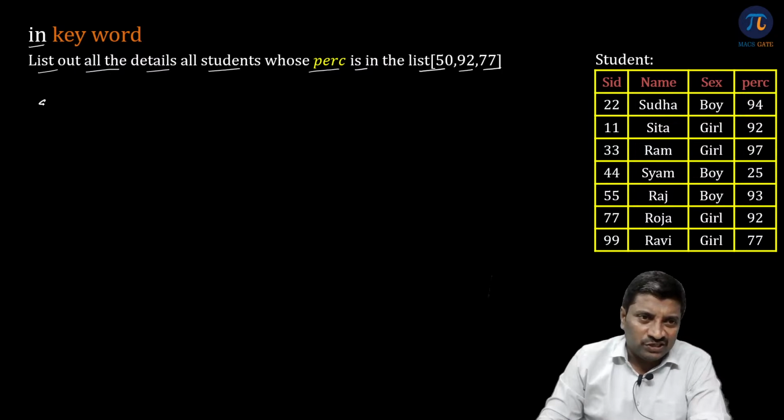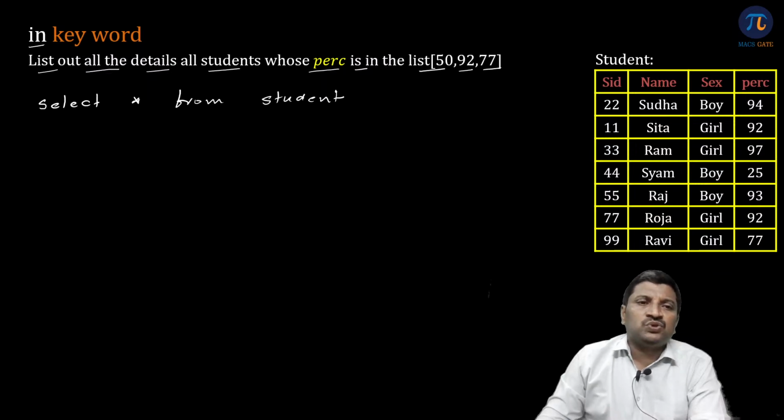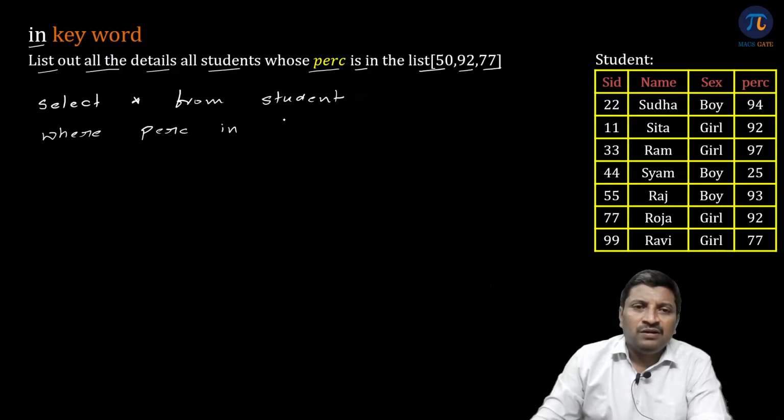In such a case, how to write it? Select star from student where percentage in, we have a list.